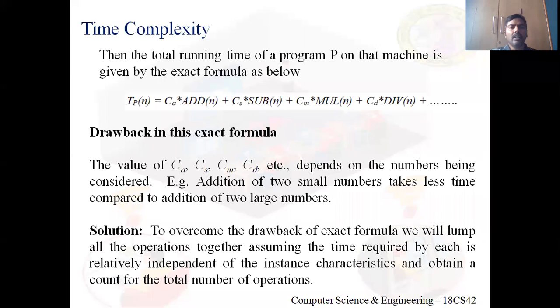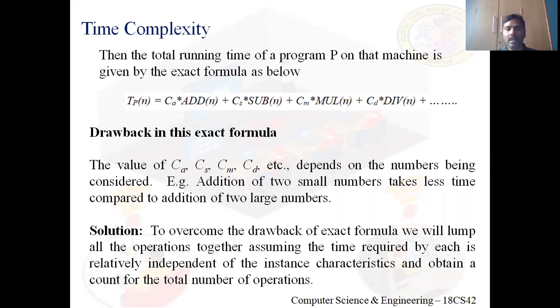So let CA, as you can see in the slide, be the time for one addition on one specific computer. CA is machine dependent, whereas the number of additions, subtractions, multiplications and divisions is always the same for one particular algorithm.